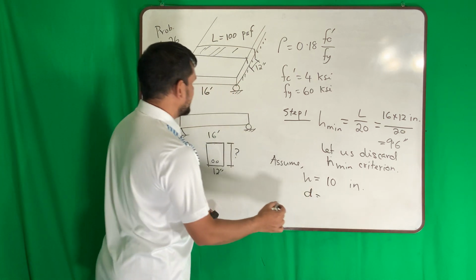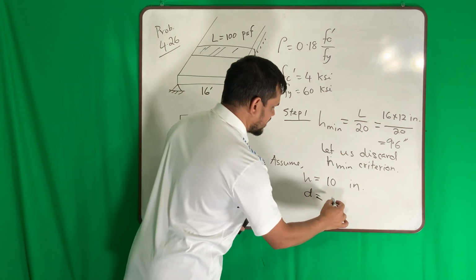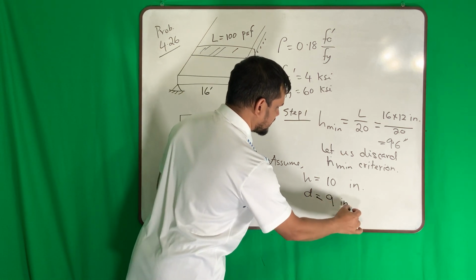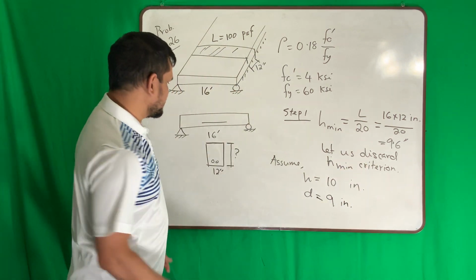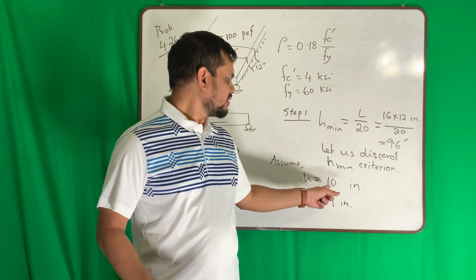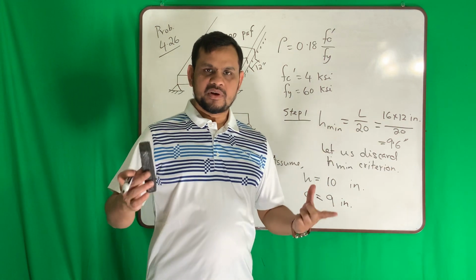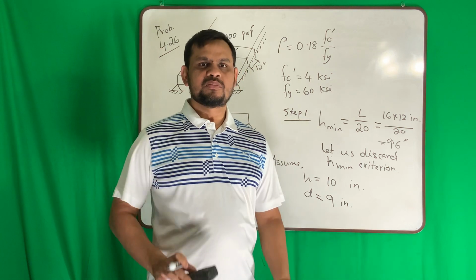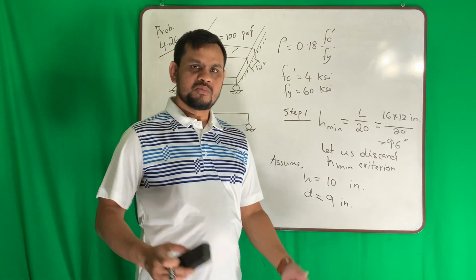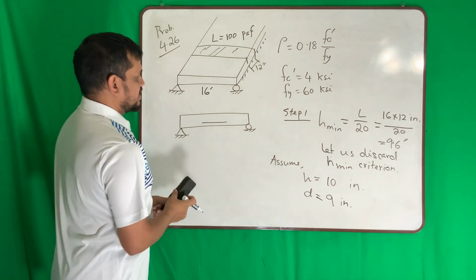If I put reinforcement here, deducting 1, maybe 9 inch. Okay, continue using this. There is no unique solution. Somebody may think, oh no, I will not use this, it's huge, I'll use less because for my structure vibration is not a problem. For that case, you can decrease it. Okay, so step number 1 is done.